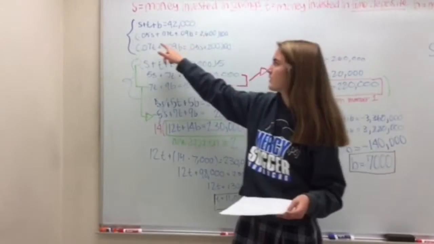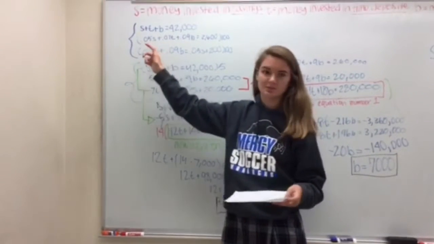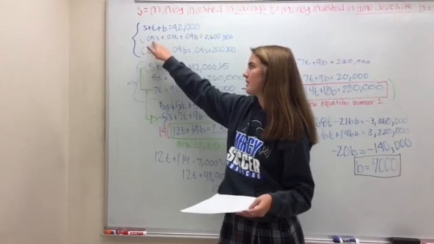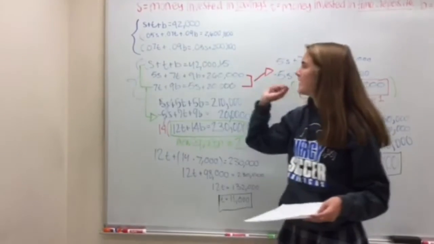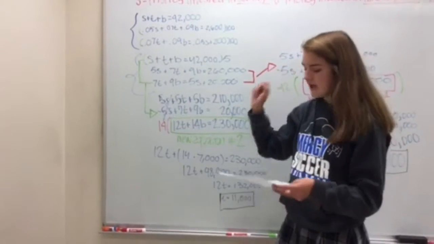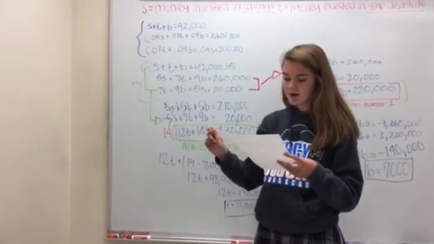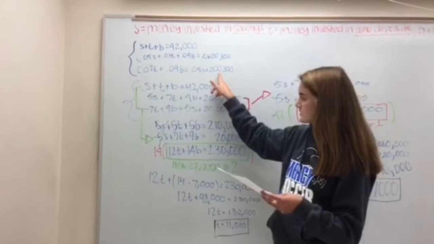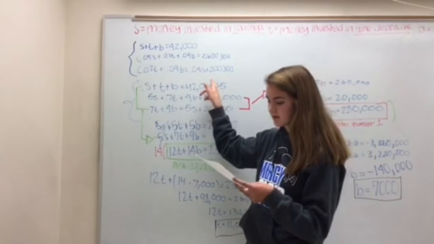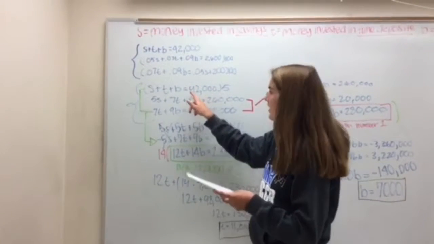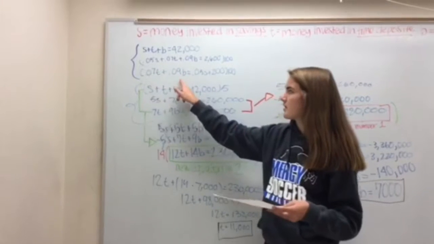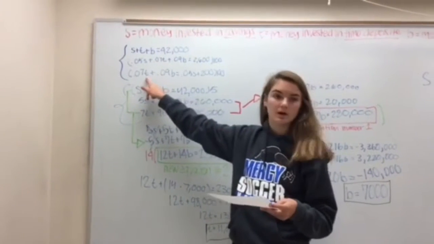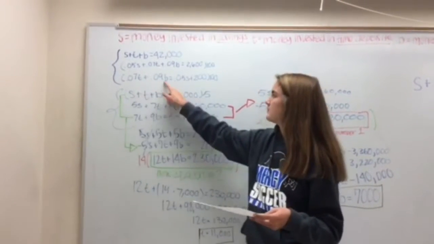Since she earned interest, we wrote this equation, and since it's percents, you have to do it in the hundredths place. And then it says that the interest from her savings account was $200 less than the total interest from the other 2 investments. So the other 2 investments were the time deposit and the bond.